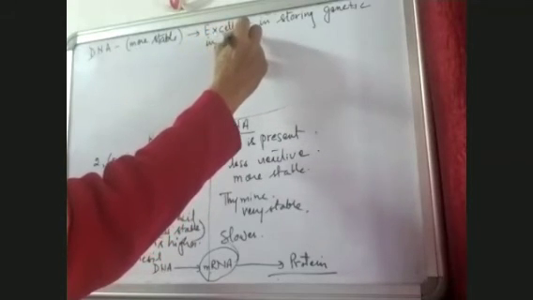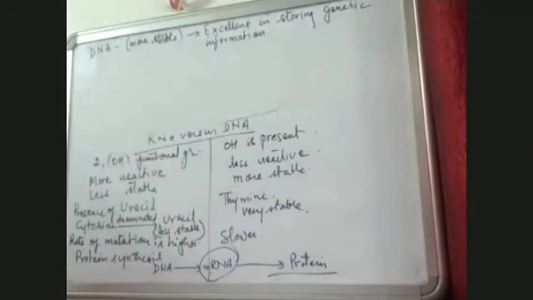So genetic information can be stored in DNA because DNA is stable and it will not change. So genetic information will be stored as it is.